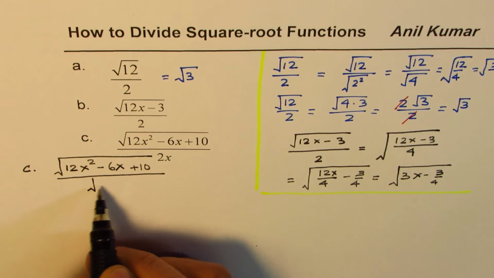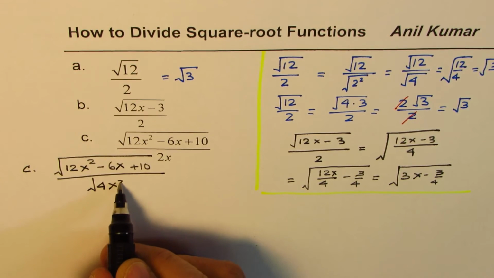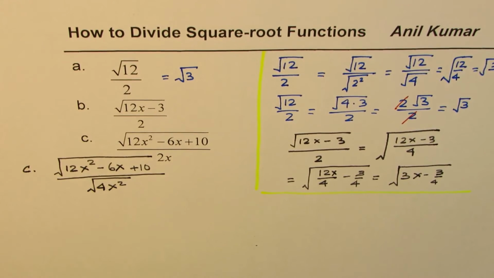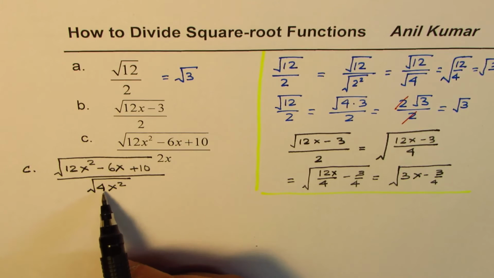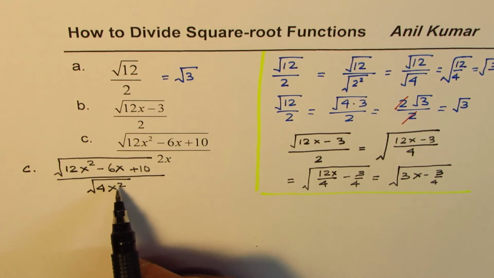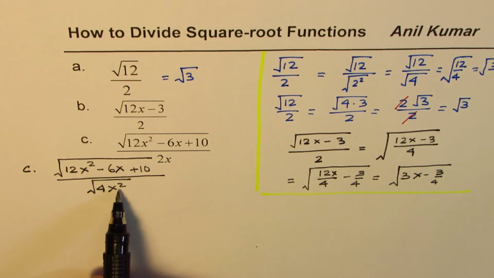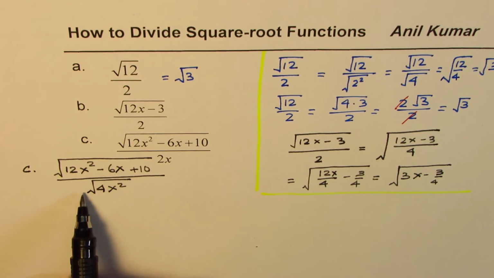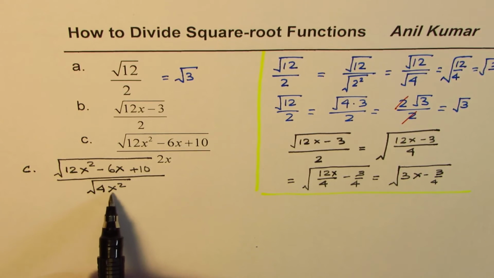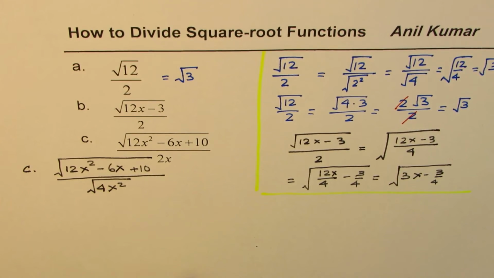I could write this as square root of 4x squared. Does it make sense? So I just squared 2x, made it 4x squared, and then I put it within the square root. If I want to take it out, it will be 2x, right? Square root of 4 is 2, square root of x squared is x. It is actually absolute x, but you can write this as x also, especially when these numbers are positive.